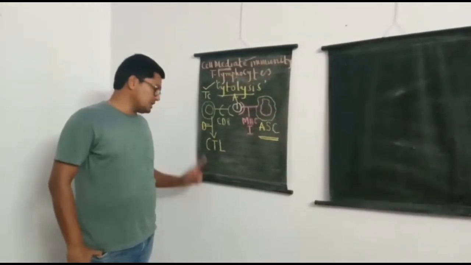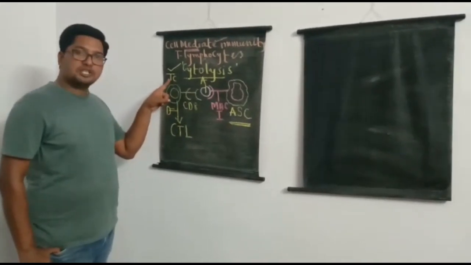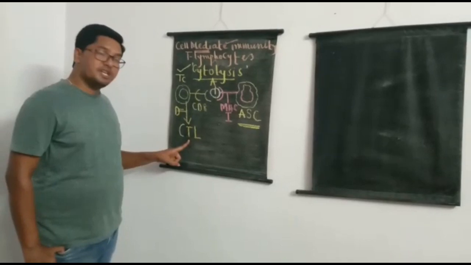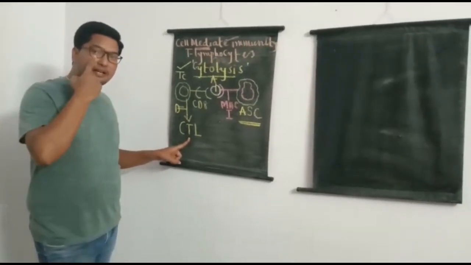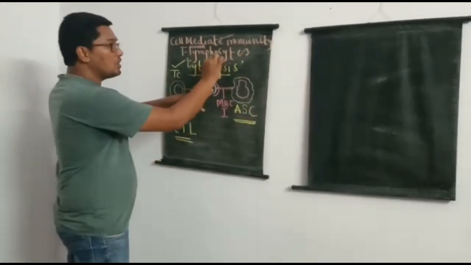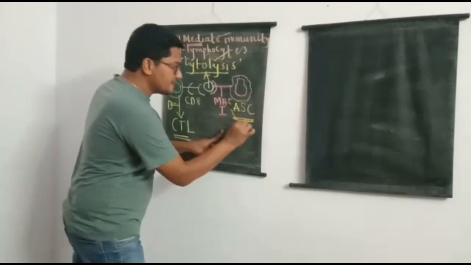CTL stands for cytolytic T lymphocyte, and the non-functional form is called TC cell. TC cell on differentiation transforms into an effector cell, and now this CTL is going to perform what? Cytolysis. Cytolysis of what? Altered cell.